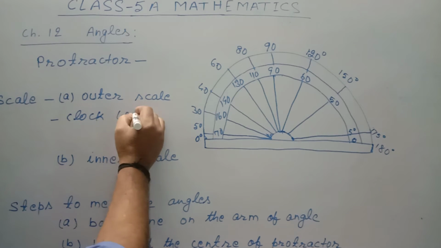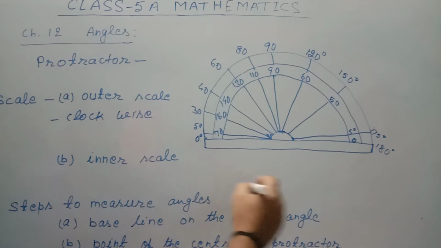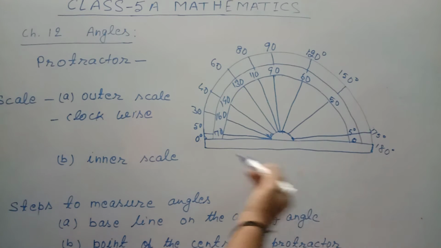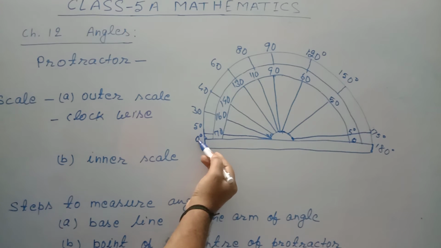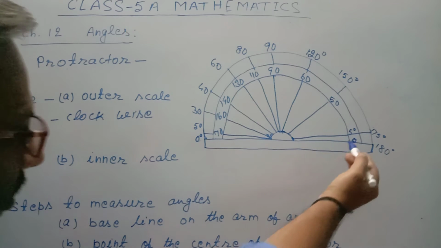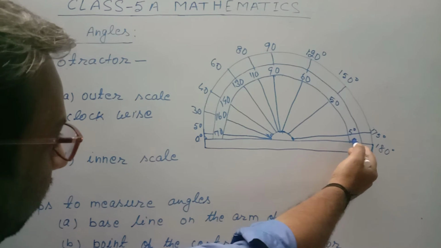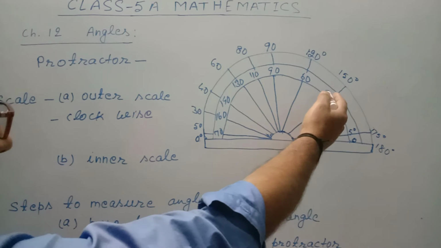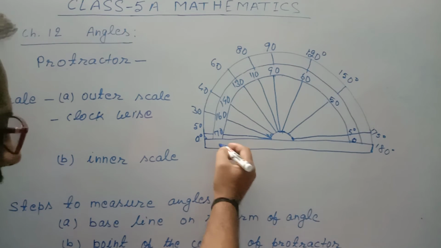But on the inner scale, 0 starts from the right side. On the outer scale 0 appears on the left hand, but on the inner scale 0 degrees appears on the right hand. It starts from 0 again and continues till 180.